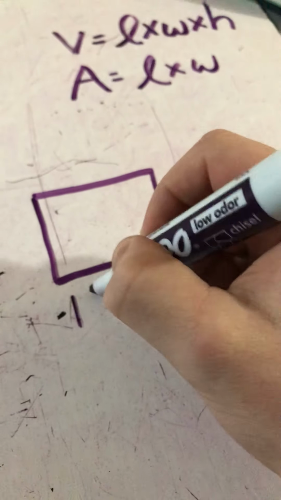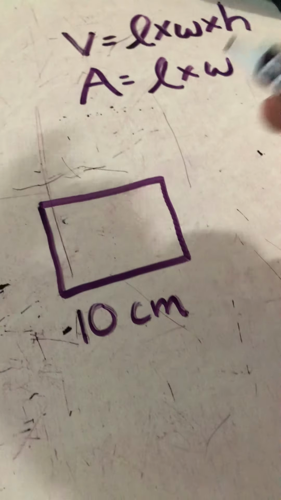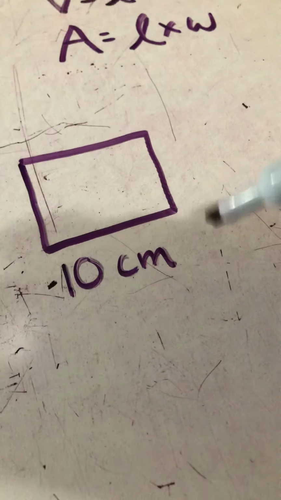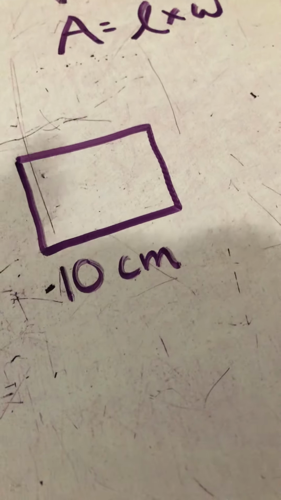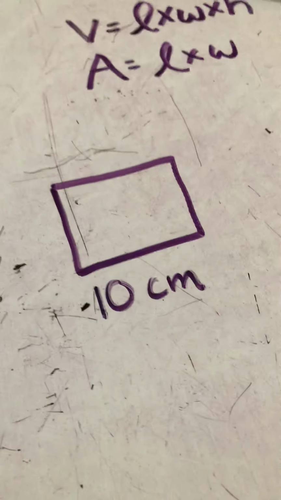Our warm-up today is me drawing a two-dimensional object. I'm just going to draw a simple square on my whiteboard. I'm going to give you the length of this square, and I need you to calculate the area. It's just two dimensions, so you need to figure out what the width is and then calculate the area.